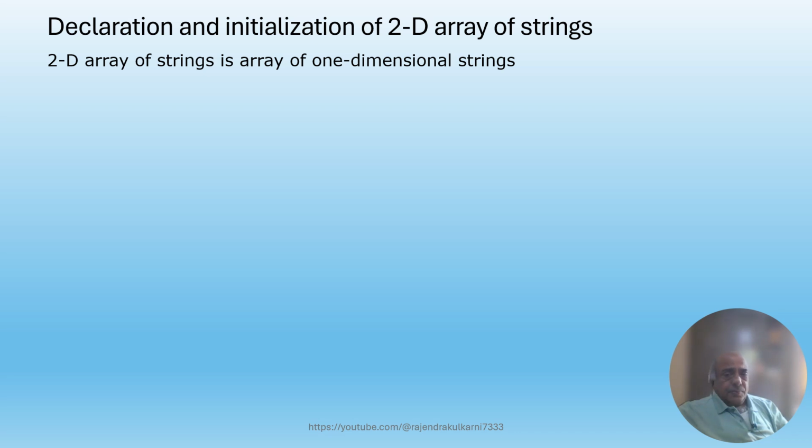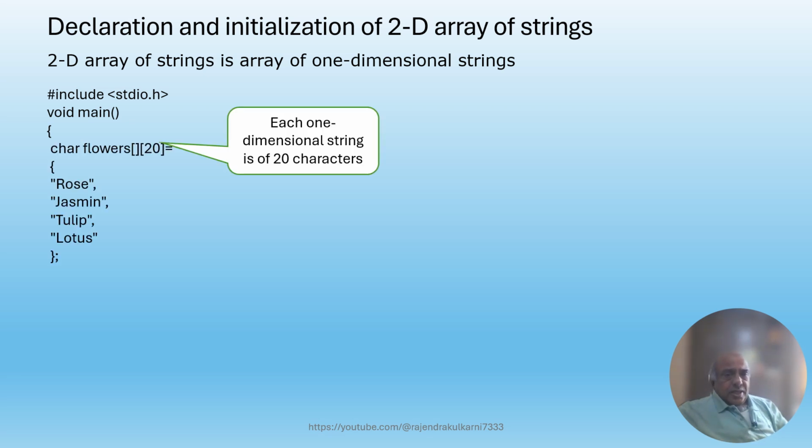Rows are the 1D arrays, columns are the elements of each 1D array. 2D strings are analogous to 2D arrays of numerals. The difference we will see in this video.